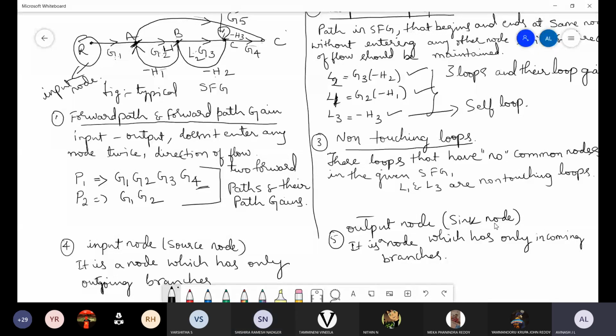Because G5 is coming and G4 is also coming. There is no signal going outside C. All signals are coming and sinking in node C. That is why C is called the output node or sink node. Is that clear to all of you? Yes, sir.